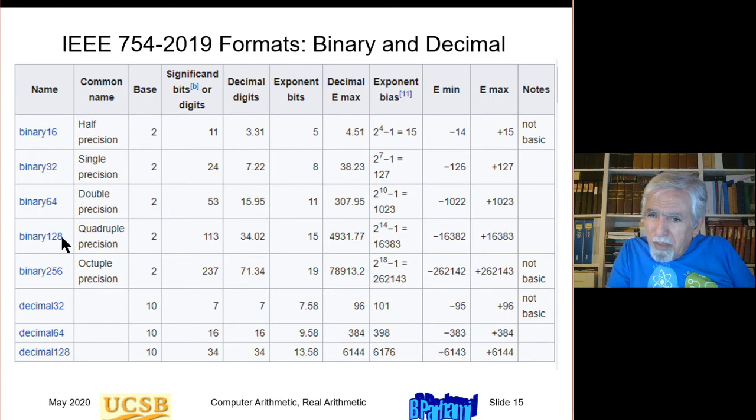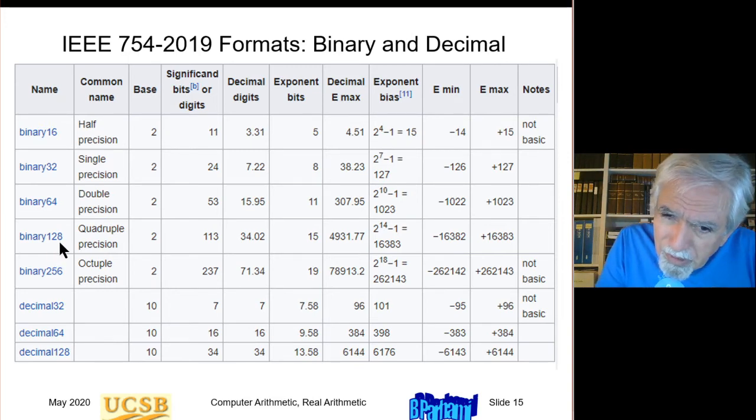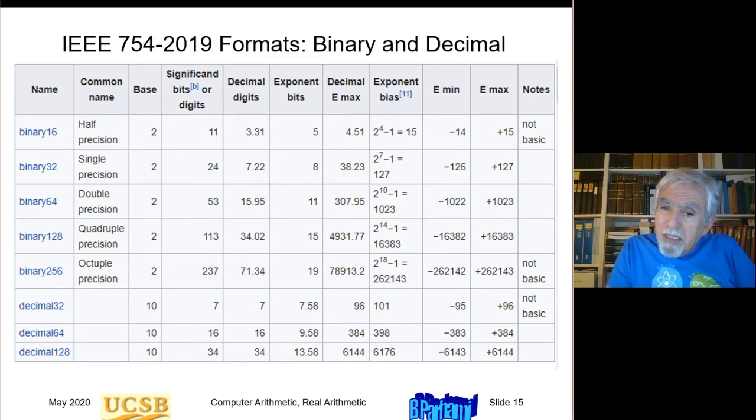There's also binary 128 for most scientific and engineering calculations. 64 bits is more than enough. But if you're doing certain computations, modeling and such, where even higher precision and wider range is needed, you may want to use the 128. So this is called double precision or long. This is called quadruple precision.